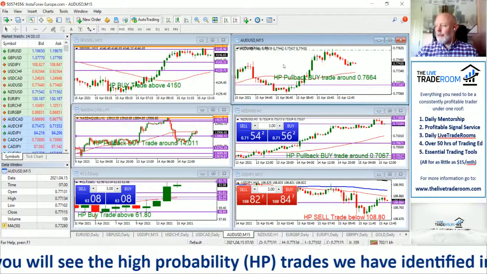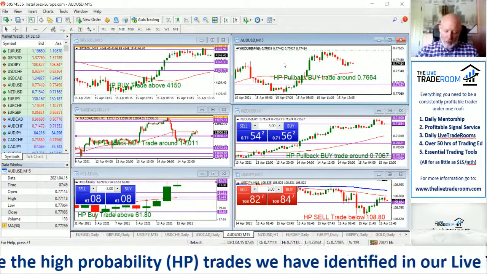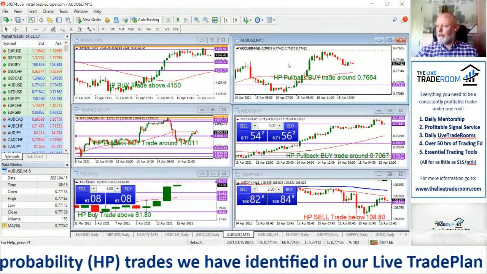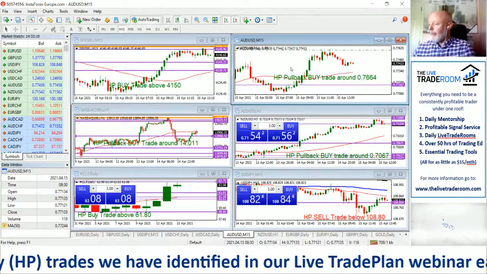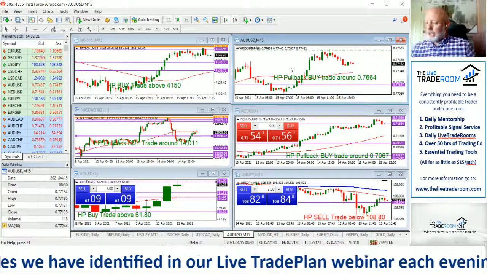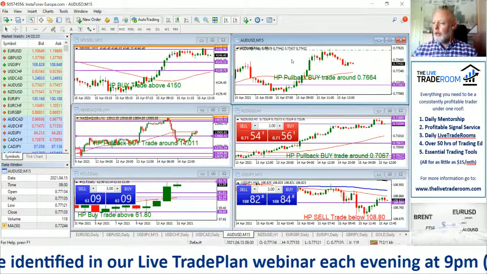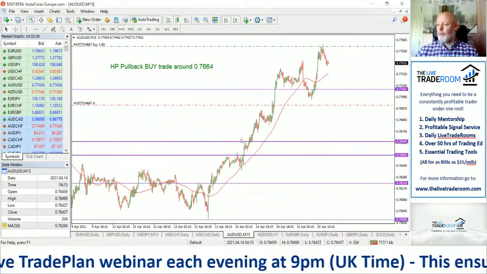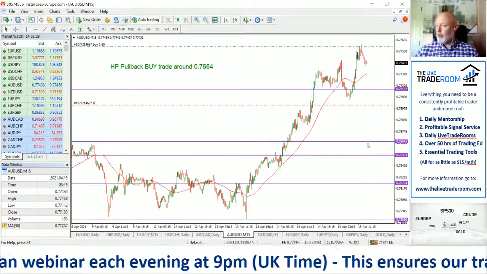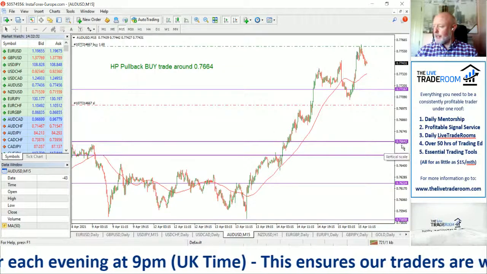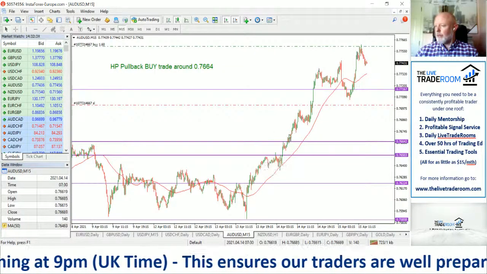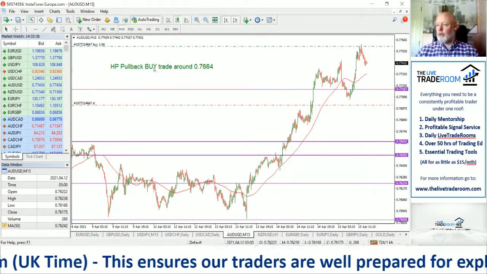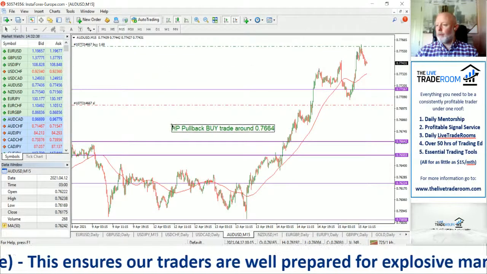Now the big moves have occurred in the dollar pairs, so we've been talking about dollar weakness now for a couple of days, and that's exactly where the opportunities potentially lie. So the Aussie dollar is probably a good one. So we've had a really strong move above that 76.64 level, which is the level we were talking about for a while.